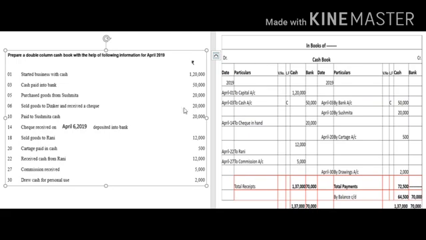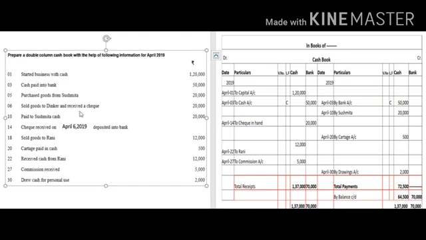Purchase goods from Sushmita. Now my question is whether this transaction is a cash transaction or a credit transaction. Right, this is a credit transaction, so you will not show this transaction in the cash book.